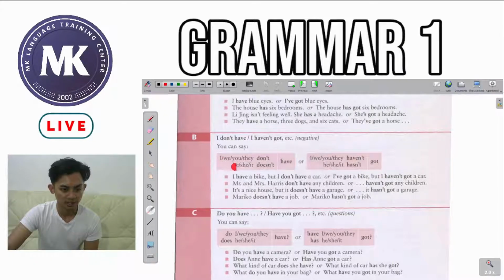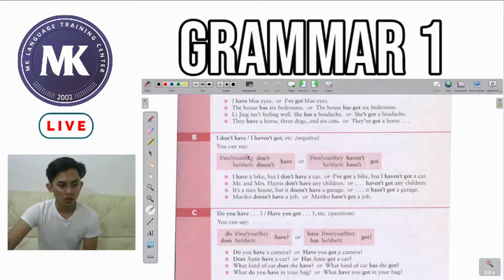For example, if we don't use have got, we just use have, we put the negatives don't or doesn't before the be verb have or has, but after the pronoun or the subject.